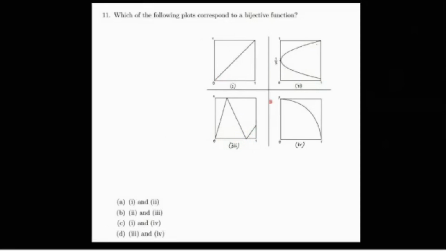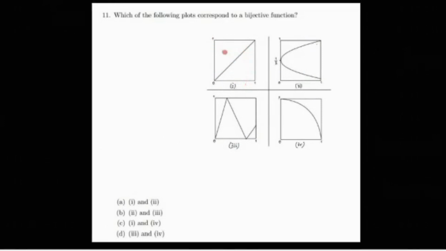Now option 1 and option 4. This one is strictly increasing. Every element here in the 0 to 1 domain has an image, a distinct image. And if I choose any element from this codomain, from 0 to 1, and try to produce a pre-image of it, I can do that.